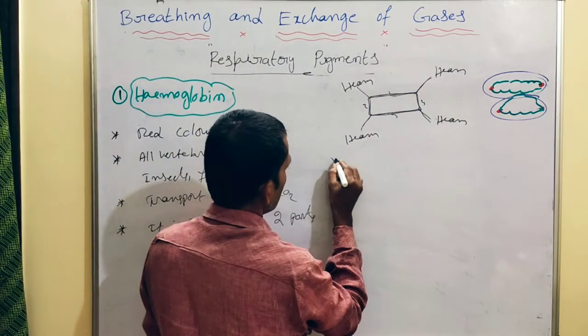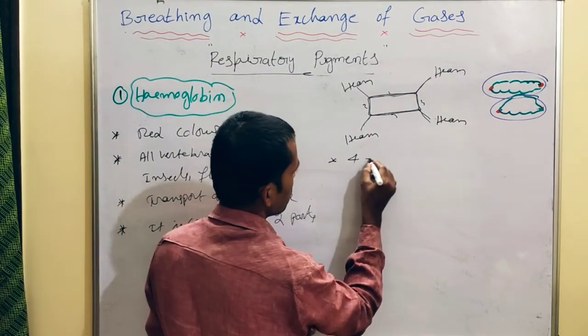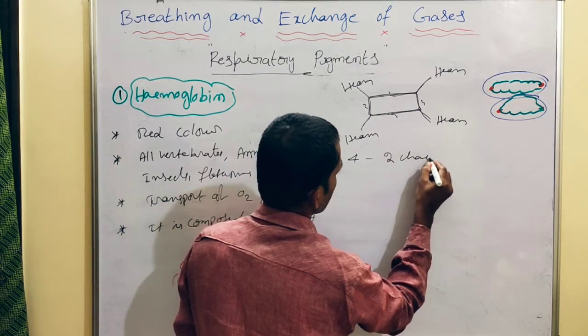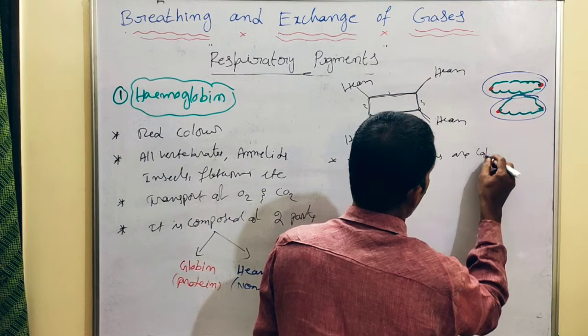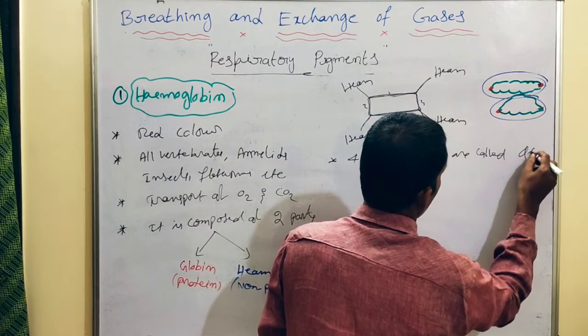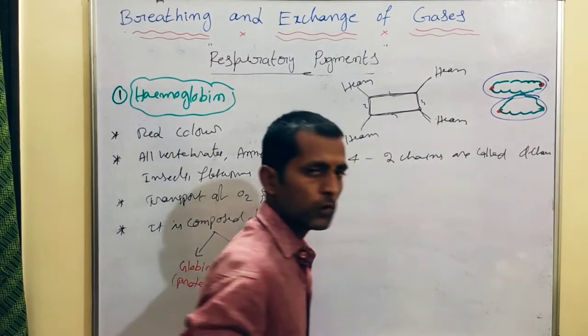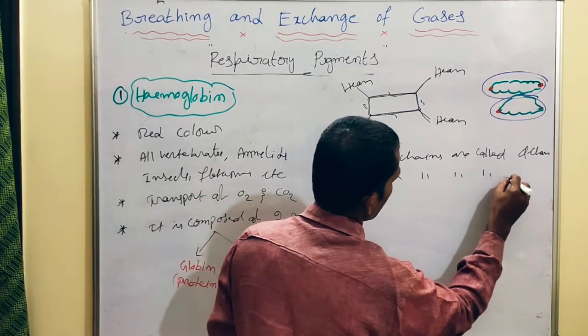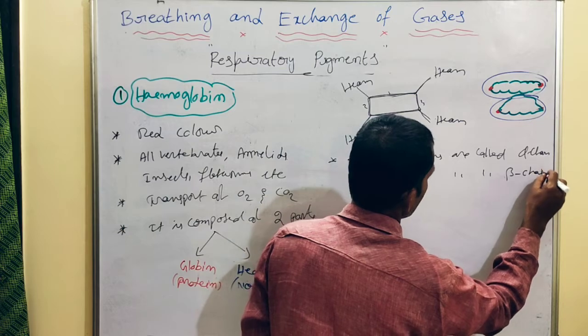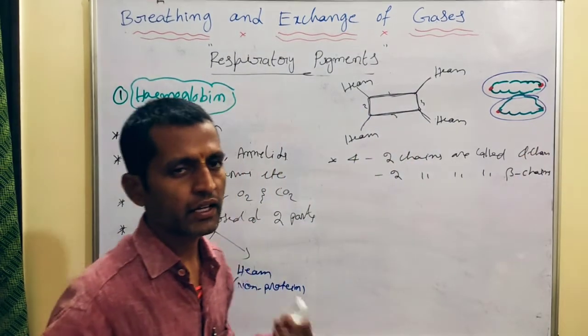Of the four, two chains are identical, called alpha chains. The remaining two chains are called beta chains, which are also identical.